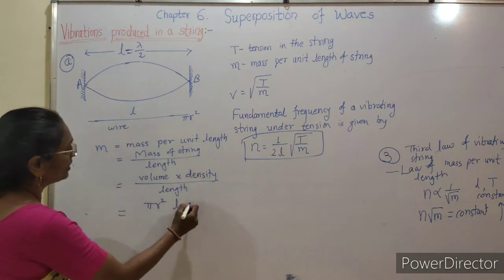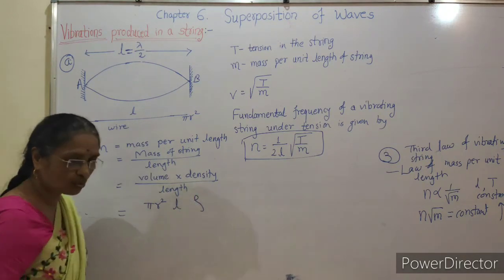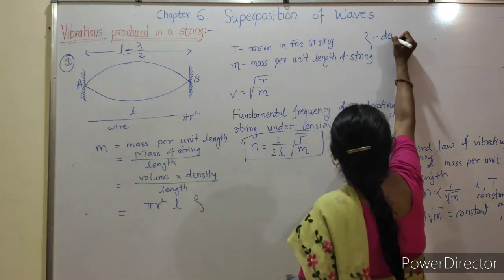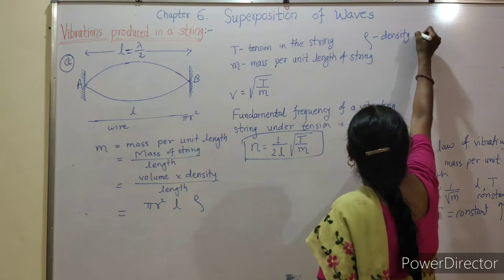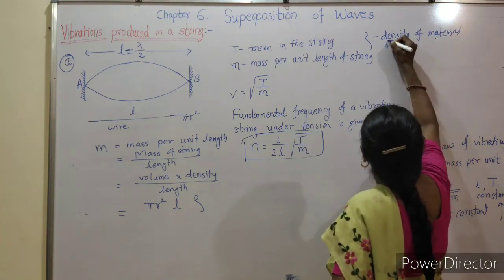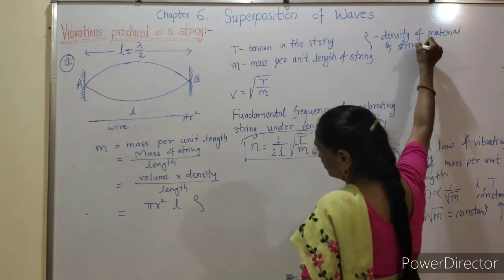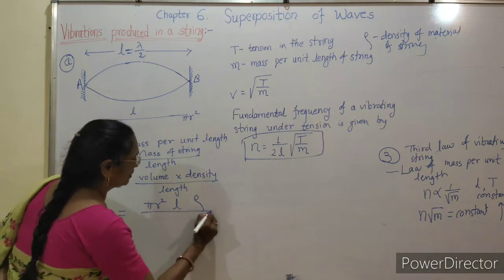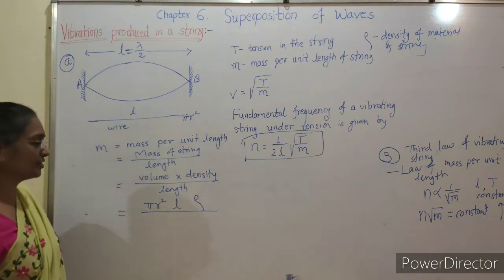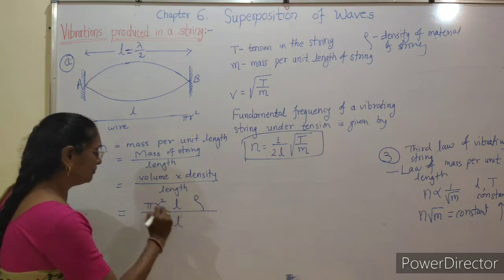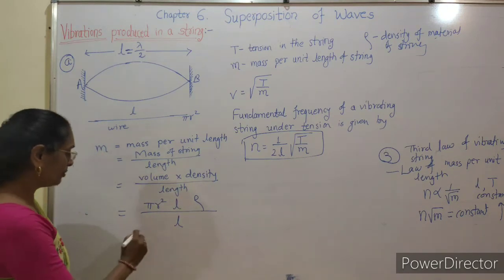Suppose the density of material of string is denoted by rho. Then the formulation is simple here. We just substitute and formulate. Length is there in the denominator.